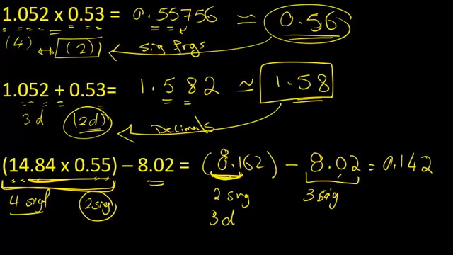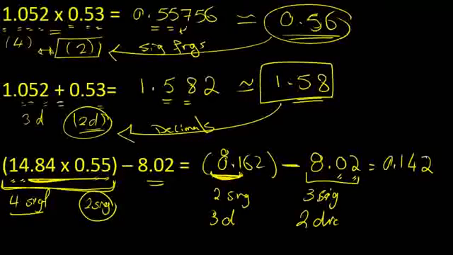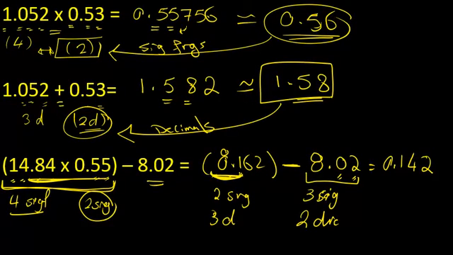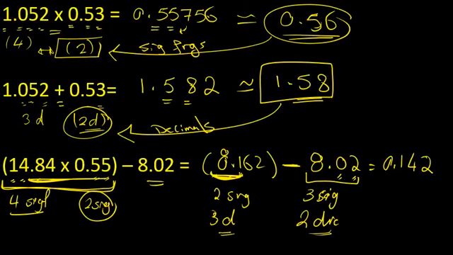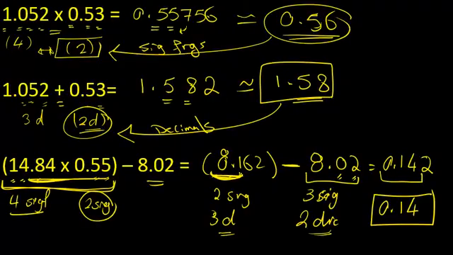This one has 2 decimals. So this is subtraction. So we will follow what? We will follow the least number of decimals. So the least number of decimals is the 2. So that means I will use the answer as 0.14. This is 2 decimals. And that would be the answer.